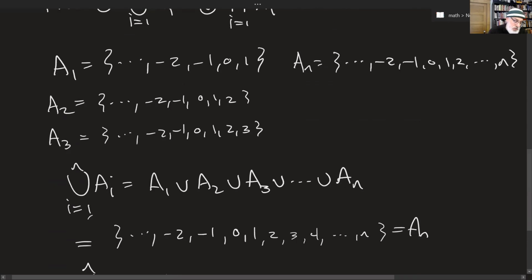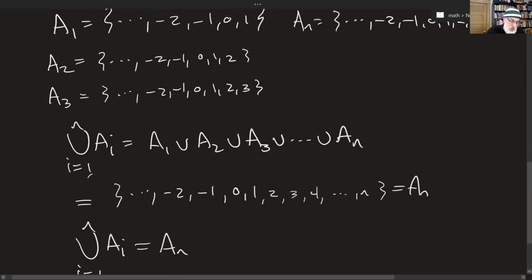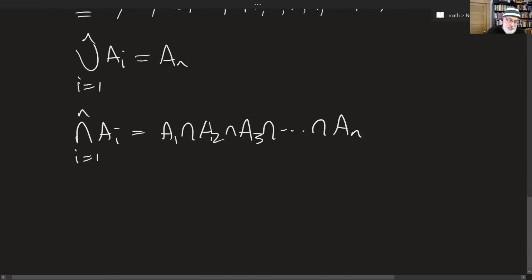But A sub 1 doesn't have 2 in it, so we have to throw 2 out. A sub 3 has 3, but A sub 1 and 2 don't have 3, so we have to throw 3 out. You can see a pattern emerging: each successive set, A sub 4, will have 4, but the previous sets, 1, 2, and 3, will not, so we cannot include it.